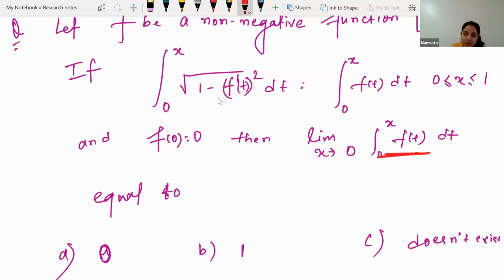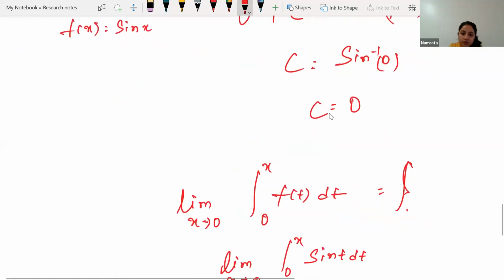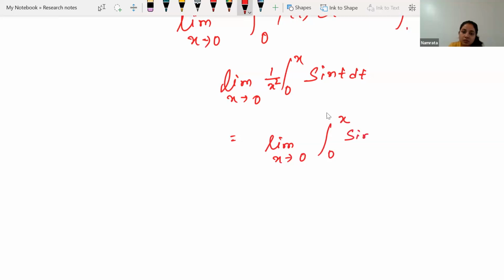Now, one part I have missed here: it is also written that 1 by x squared is outside. So this limit we have to find, with 1 by x squared outside. So we can write it as limit x tends to 0 of this integration over x squared.